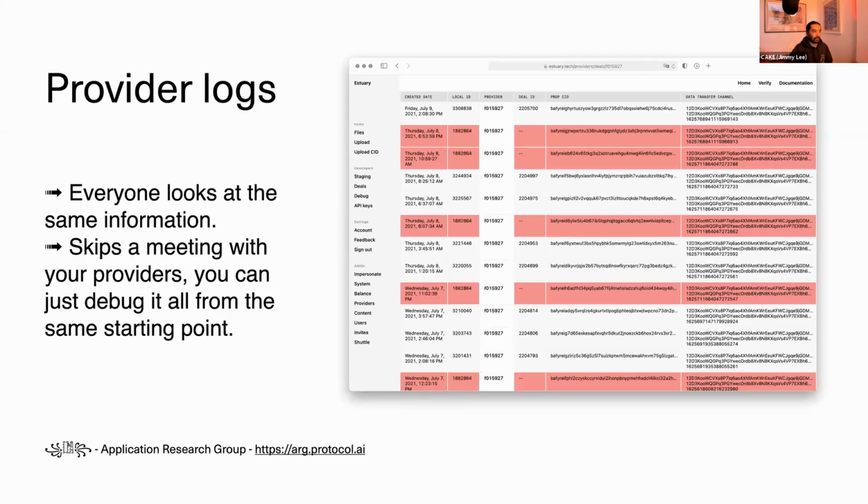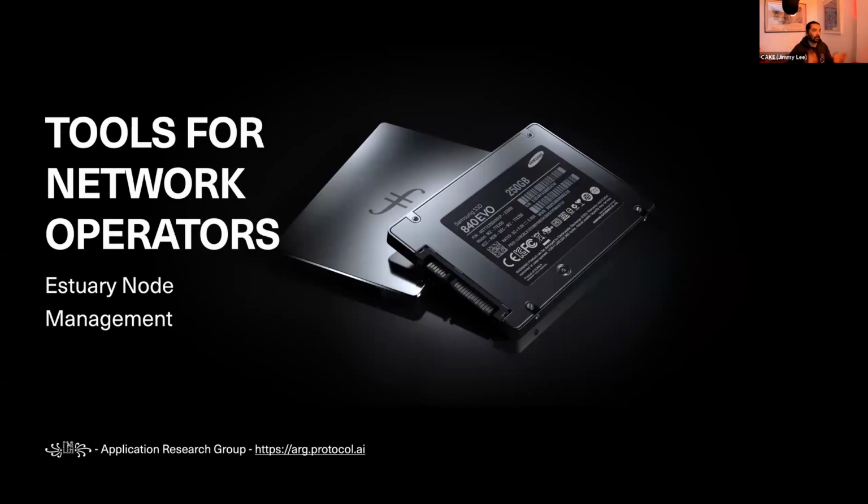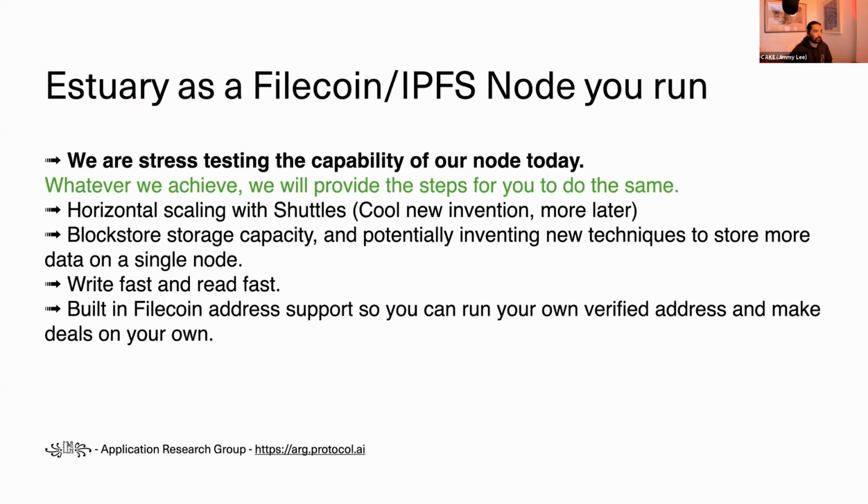And so that is an overview of what you'd experience as a user using the Estuary node. And then tools for network operators. So if you're running your own Estuary node, here are some tools that we've built as well, like admin stuff. We have horizontal scaling with shuttles, a really cool invention by Y, more later.